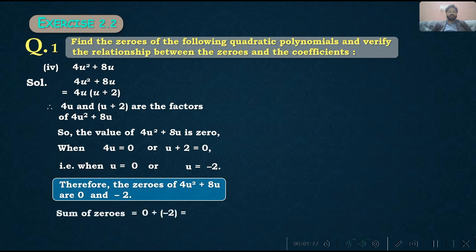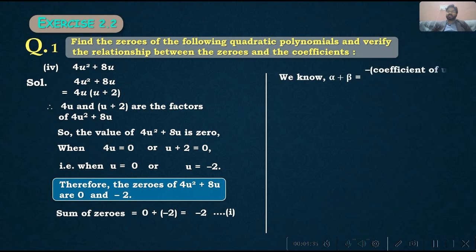Sum of zeros: 0 plus minus 2 is equal to minus 2. Now alpha plus beta is equal to minus coefficient of u upon coefficient of u square. So coefficient of u is 8, so minus 8 upon coefficient of u square, which is 4. So minus 8 upon 4 is minus 2.